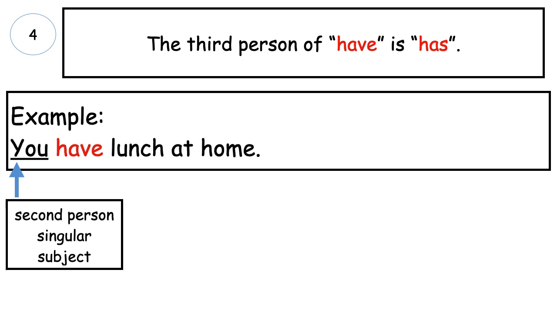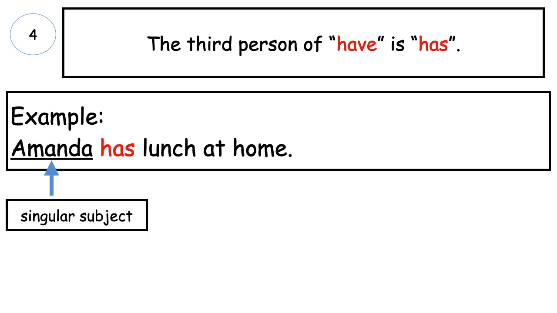Okay? Sama dengan you. You merupakan second person singular subject. So, walaupun you ini singular, satu, dia mesti ambil plural kata kerja. Okay, you have. Okay, you have lunch at home. Okay, so the third person of have is has here means kalau third person pandangan orang ketiga.